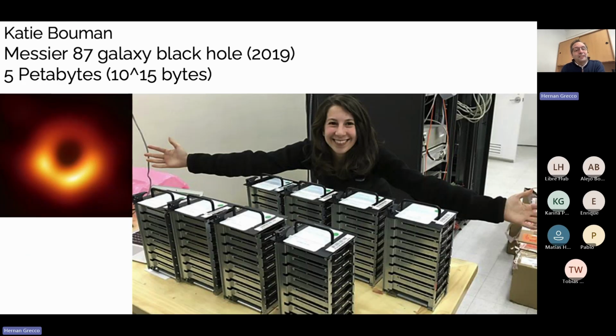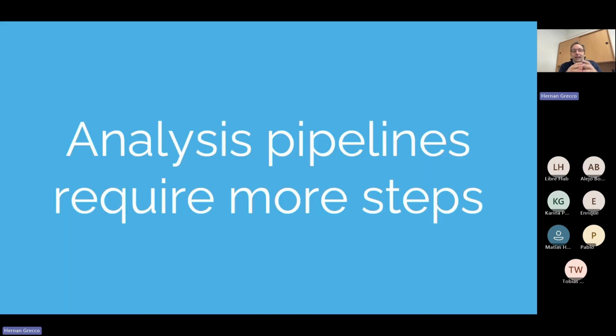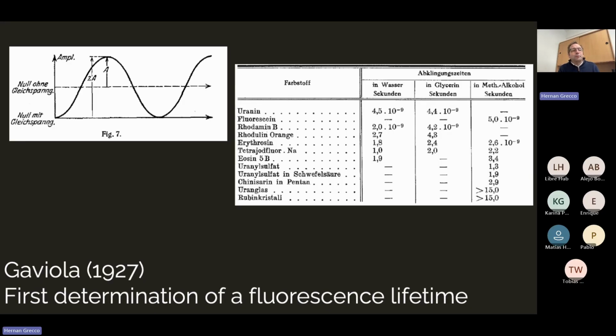But in 2019, imaging the black hole required 5 million gigabytes of data and a global network of telescopes. The scale of the data has changed a lot, and this has allowed us to pursue much more complex and larger scientific questions. Turning that data into knowledge is also a challenge of its own, and our analysis pipelines are much more complex.